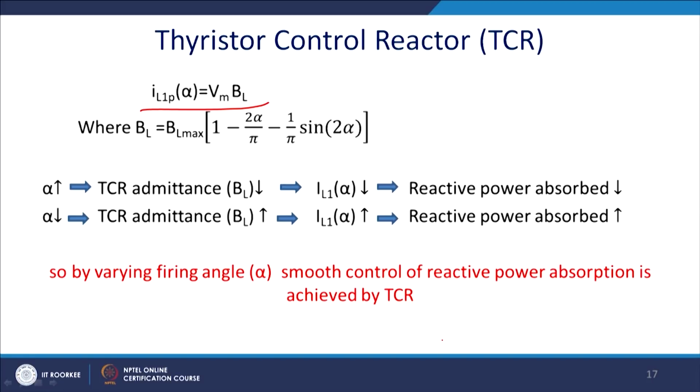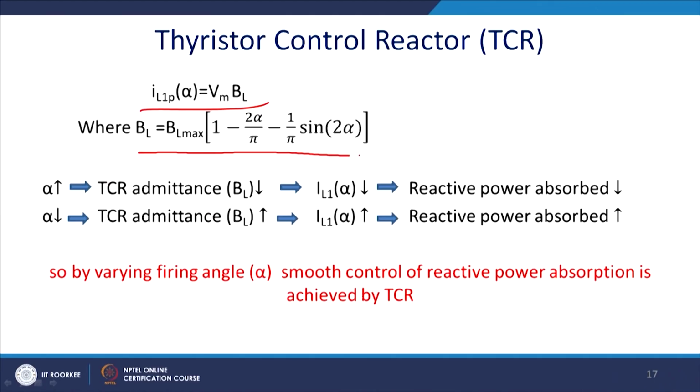So, we can rewrite this equation: the fundamental current of this TCR equals V_m into B_L, where B_L has this relation, B_L equals B_L max into (1 minus 2 alpha by pi minus 1 by pi sin 2 alpha). What happens if we increase alpha? The TCR admittance will be reduced, and thus I_L alpha 1 will be reduced and the reactive power absorbing capability will be reduced.